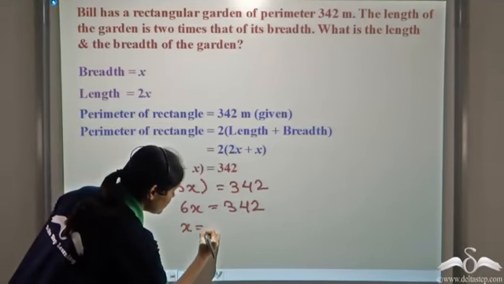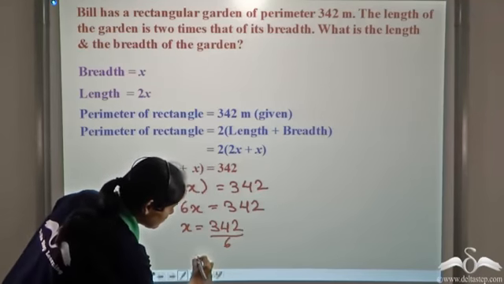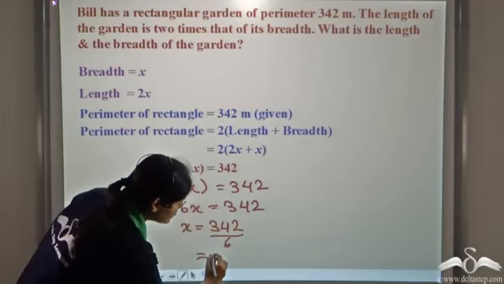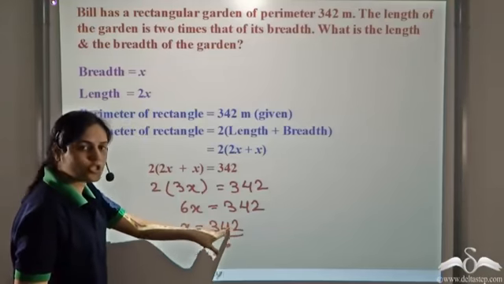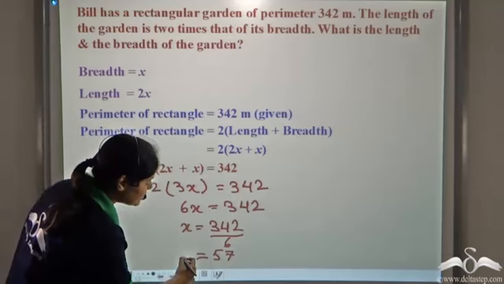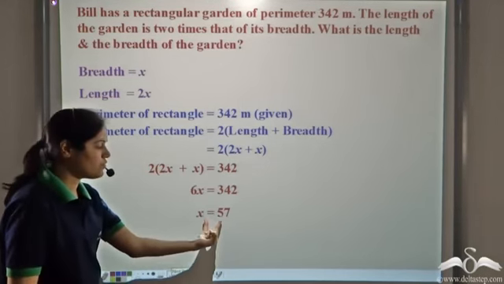So x is equal to 342 divided by 6, which is equal to, 6 into 5 is 30, so we have 4 here, 42, 6 into 7 is 42. So we get x is equal to 57. x is equal to 57.